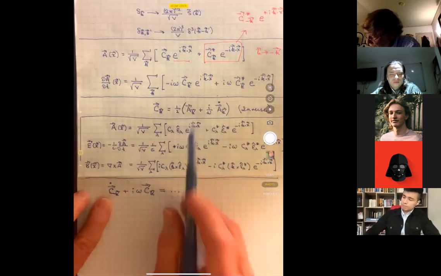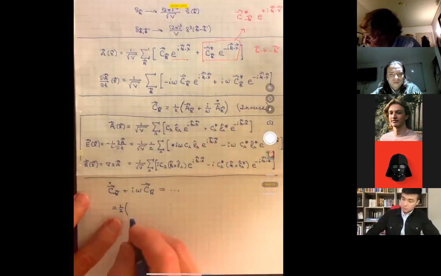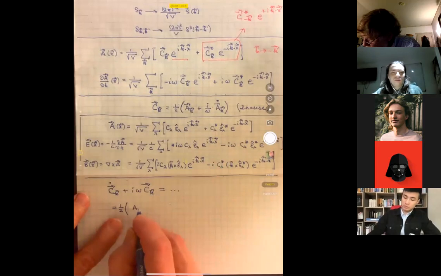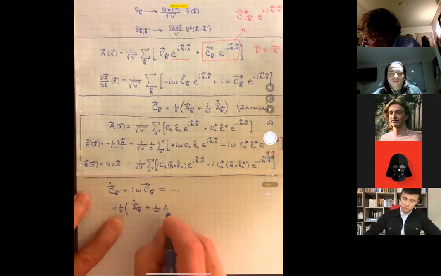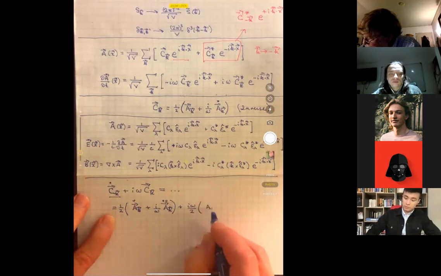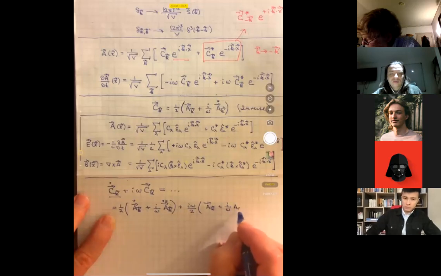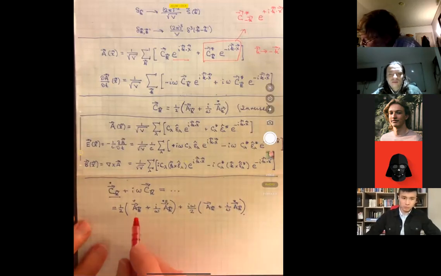So there's a first term here. This is equal to 1/2. The first term, I take the time derivative of the AK, so I get AK dot. And the second term is plus I over omega, and then I get an AK double dot. That takes care of this part. And then we get plus I omega over 2 for the CK itself. That's the AK plus I over omega AK dot. And if you look at this formula for a little bit, you'll find that the terms involving AK dots cancel.